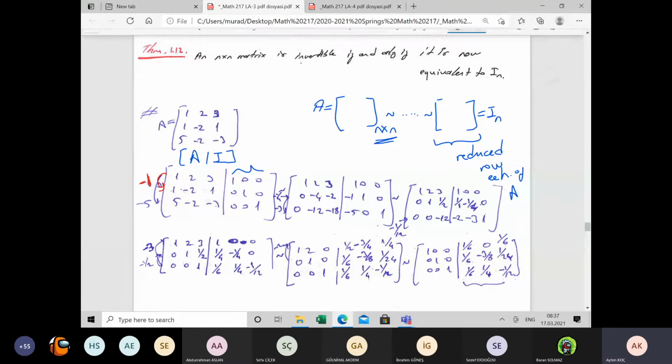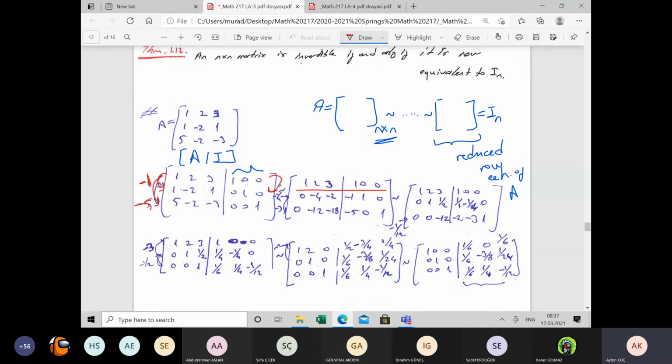Take this one, multiply by -1, add: 1 1 0 1 minus 1. -1 plus 1 is 0.